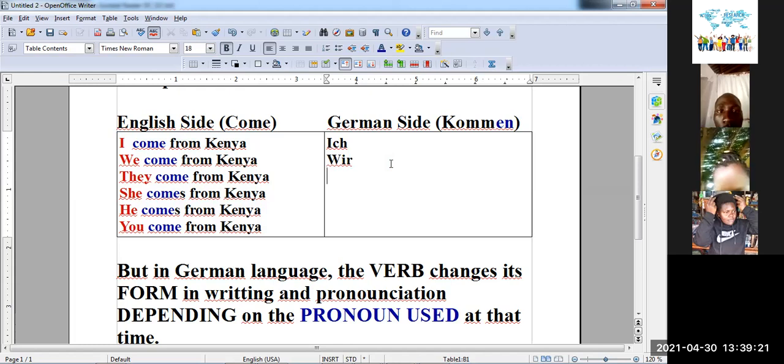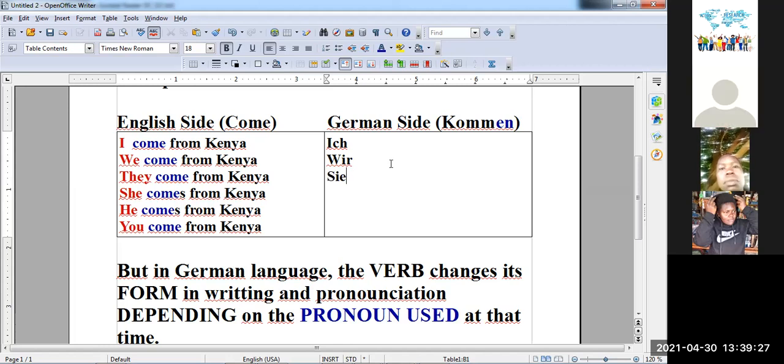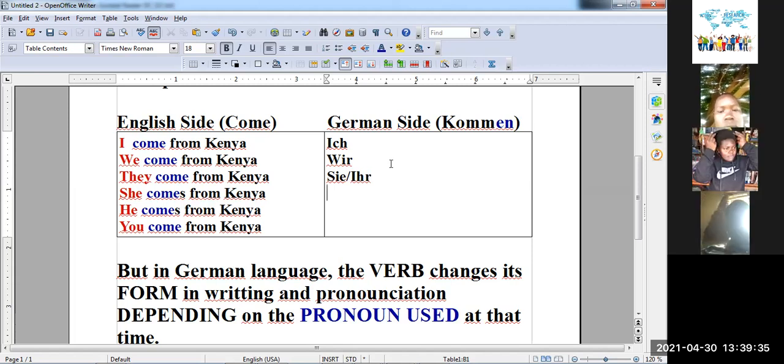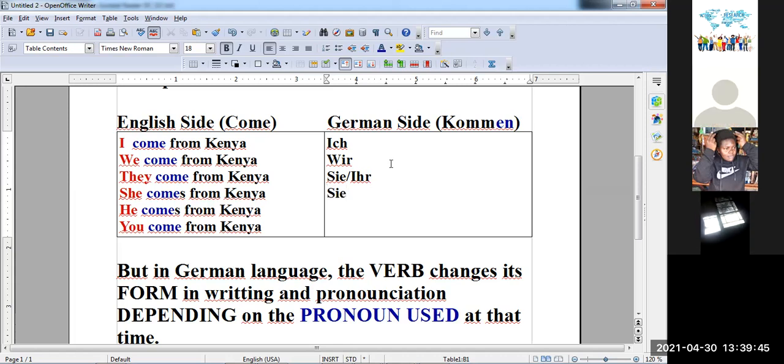They can be sie, or ihr. She is also written as sie. He, er.